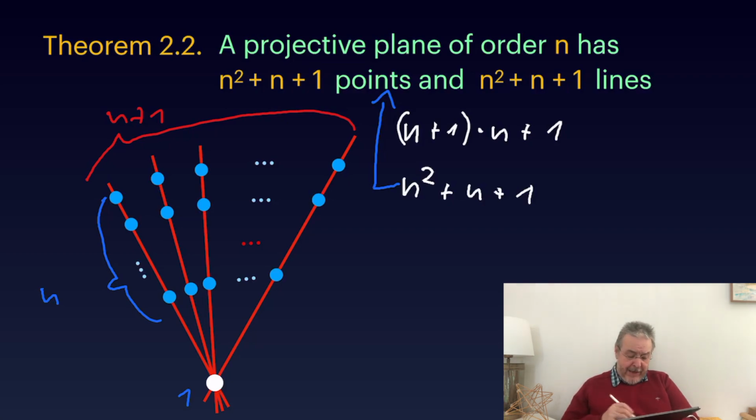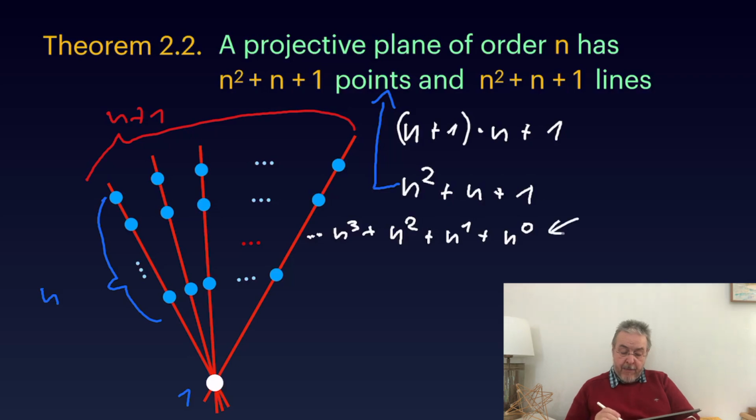I want to make a little side remark here. I want to write that as n squared plus n to the 1 plus n to the 0, and then you can imagine how that would continue, and this here is what will happen in higher dimensions.